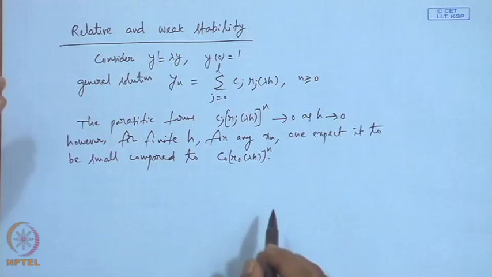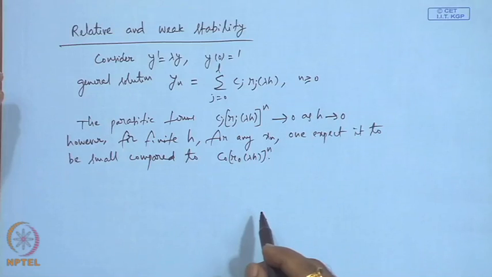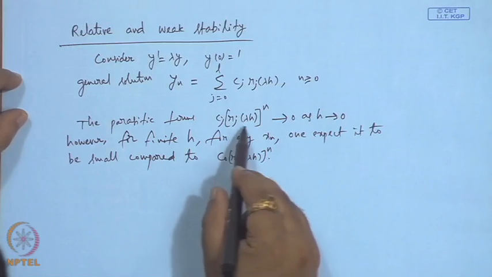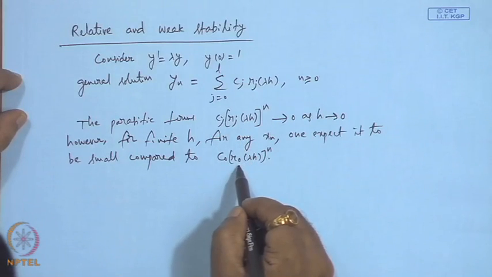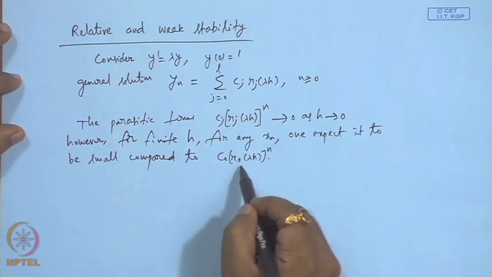So, that means we are bringing out the concept of relative stability. So, relative with respect to what? Relative with respect to the principal, in the sense the exact, R 0. Okay.